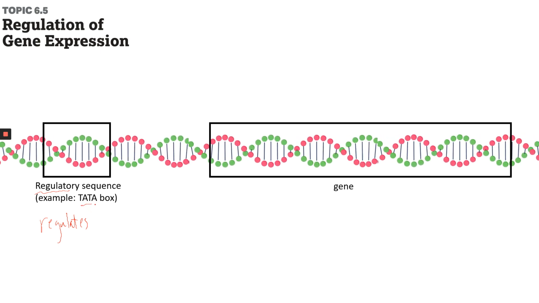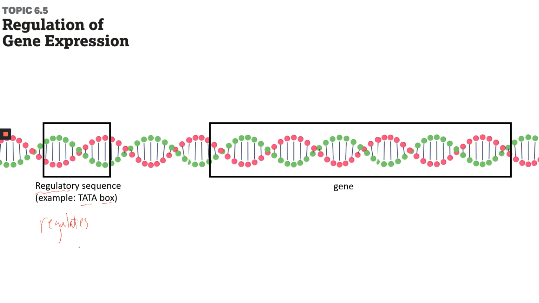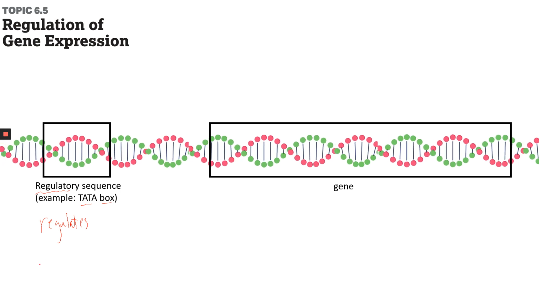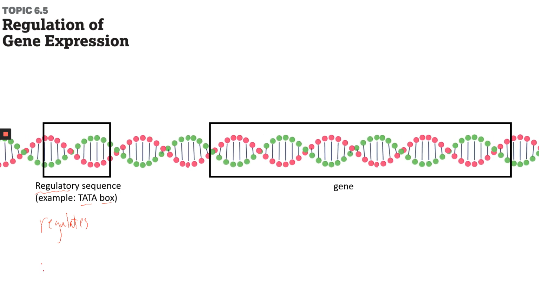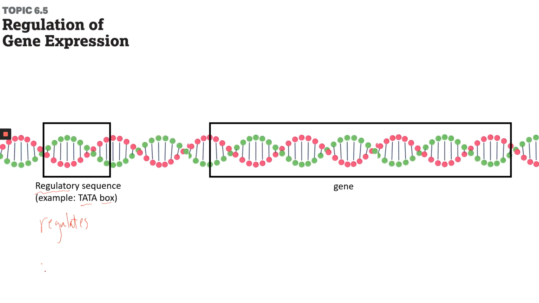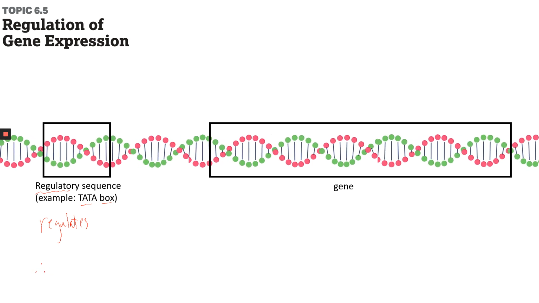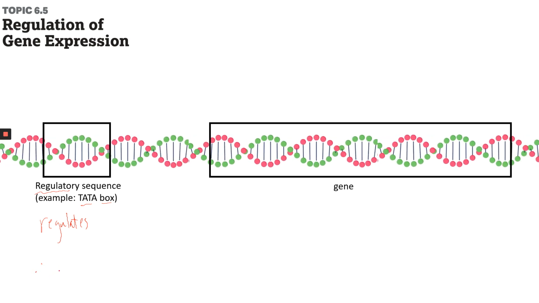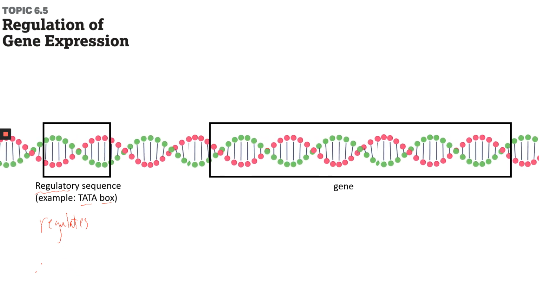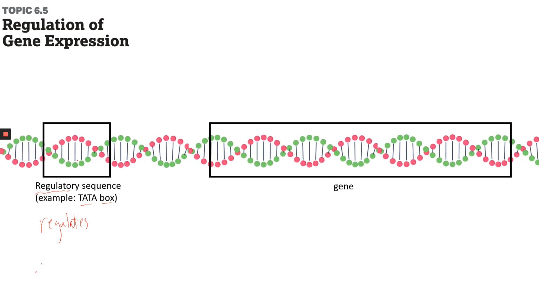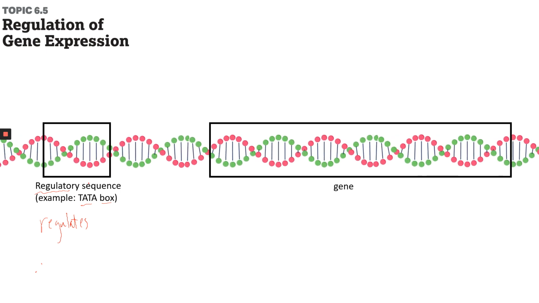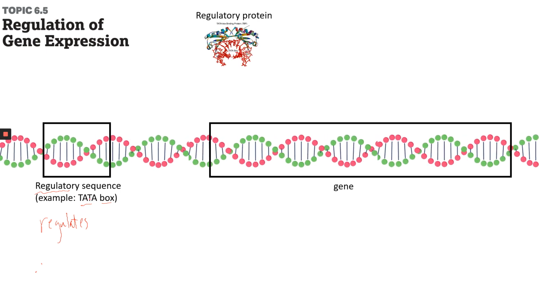An example of this in eukaryotes specifically would be something called a TATA box. The T's and A's represent thymine and adenine. And if you remember, T's and A's are easier to pull apart because they have fewer hydrogen bonds between them than a C and G, right? A lot of times where DNA needs to pull apart, you're going to see more A's and T's for this reason.